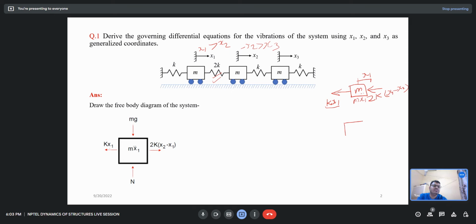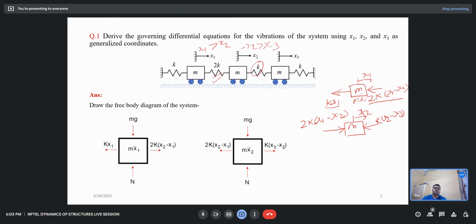What will be the force? It would be the same 2k(x1 minus x2), because whatever the force is, it is the same, only the direction is different. The force due to the other spring acts against it, k into x2 minus x3.